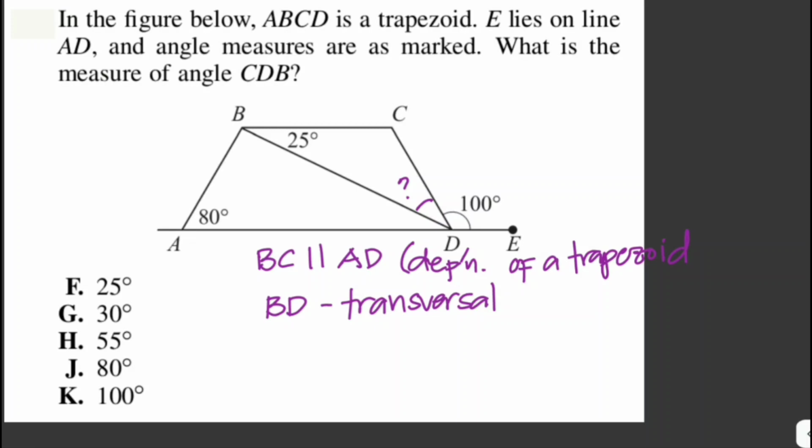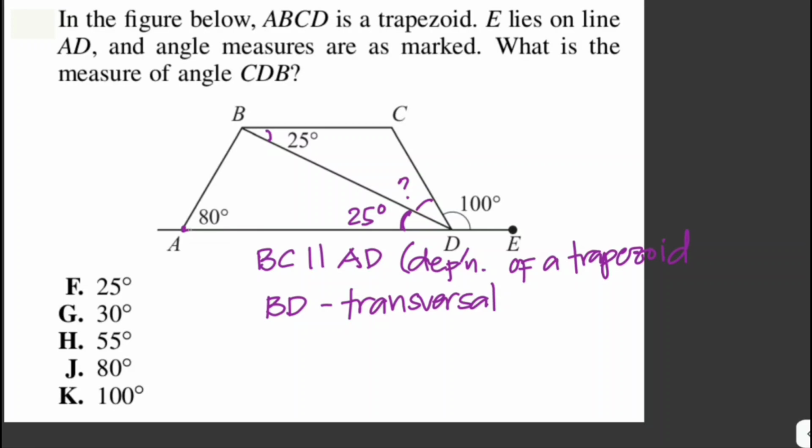So side BC and side AD are connected by the transversal BD. And from that, it follows that angle CBD and angle ADB are alternate interior angles, therefore they are equal. Therefore this angle is also equal to 25 degrees.